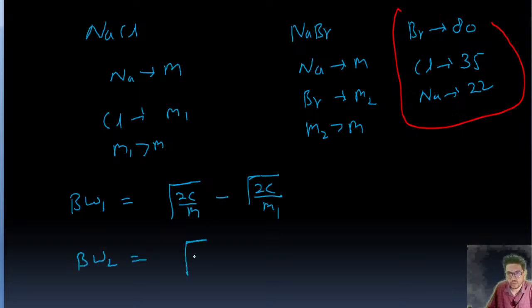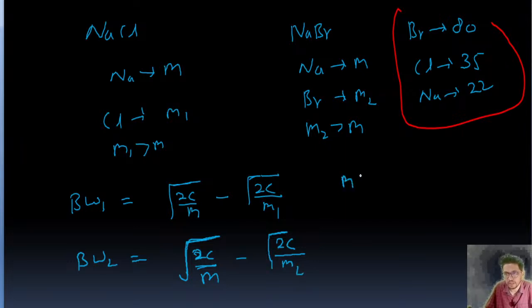is root 2c upon m minus root 2c upon m2. Here m1 is greater than m, and here m2 is greater than m.